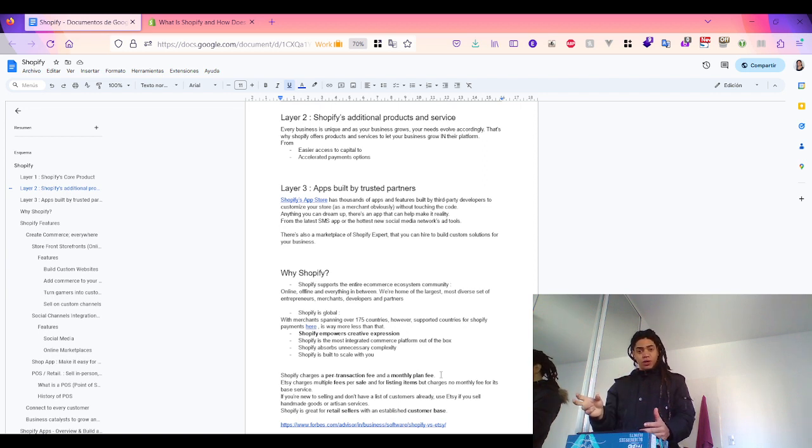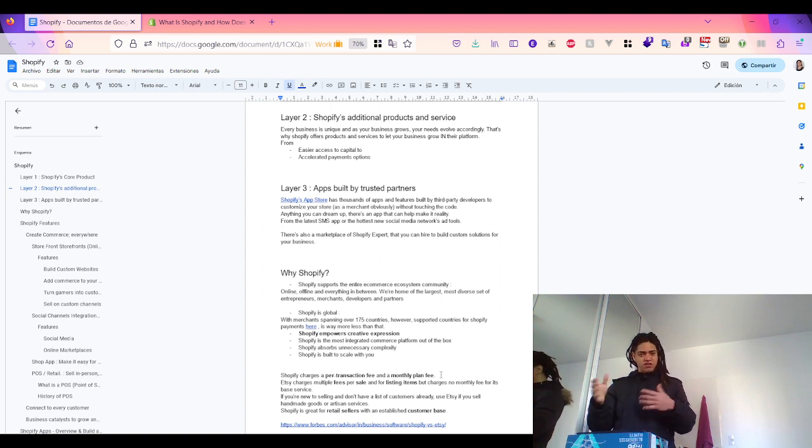It also comes with, allegedly, one of the most commerce-integrated platforms out of the box. So you don't need to handle unnecessary complexity when it comes to growing your business. And it allows you to scale.